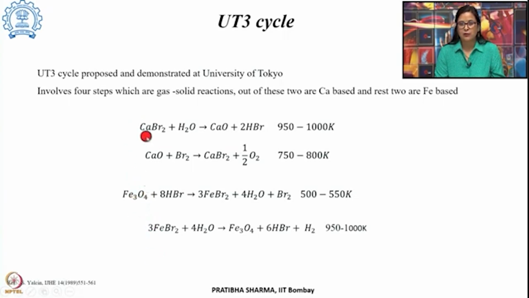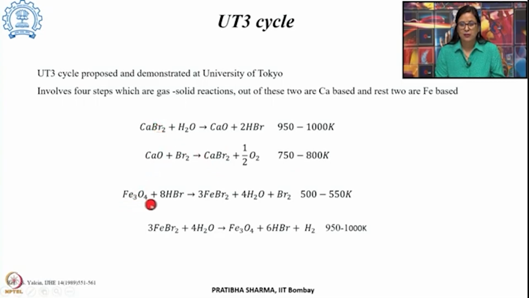Calcium bromide CaBr2 reacts with water to produce calcium oxide and HBr at 950 to 1000 K. This CaO reacts with bromine to produce CaBr2 and oxygen. Oxygen is released at a temperature of 750 to 800 Kelvin and calcium bromide is produced back.